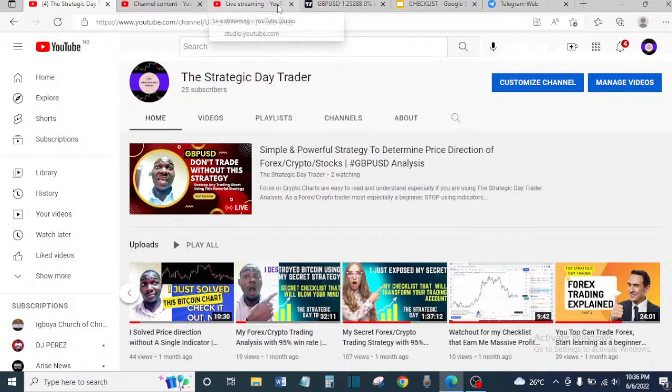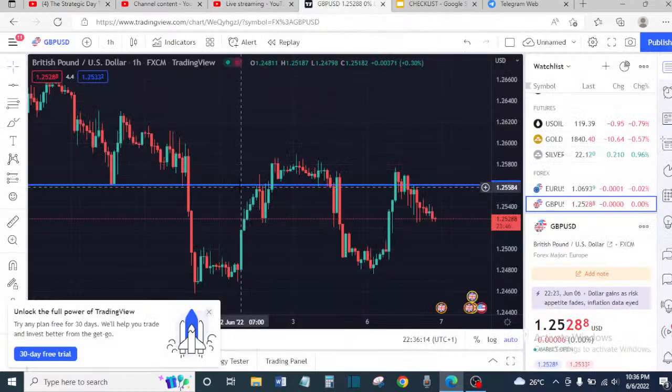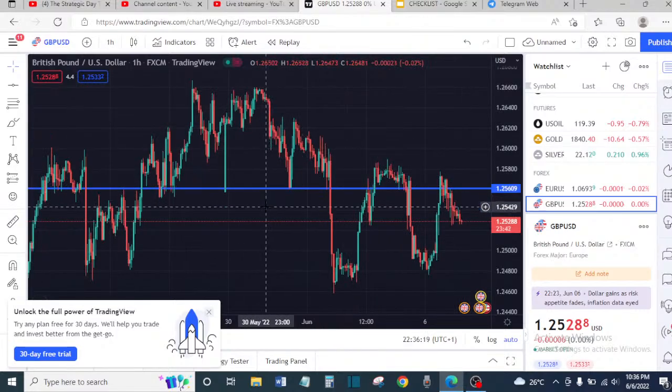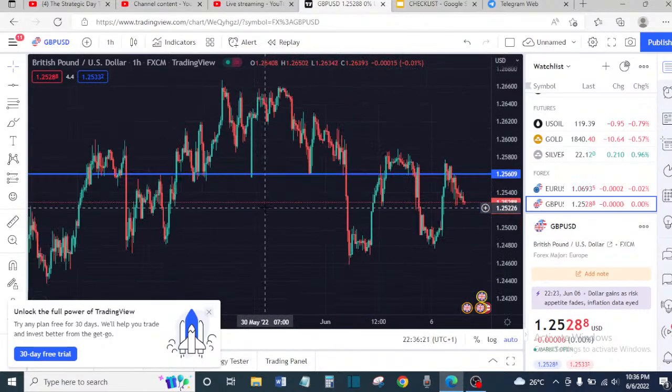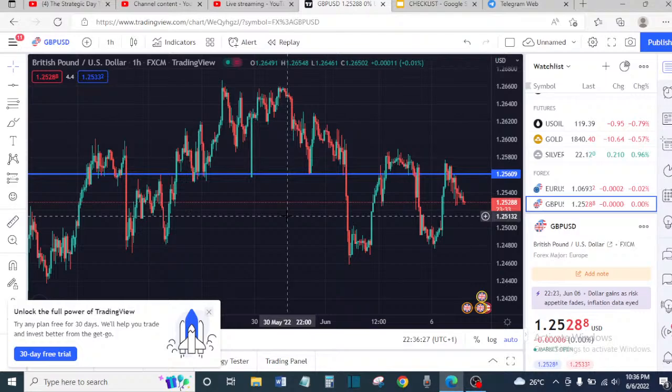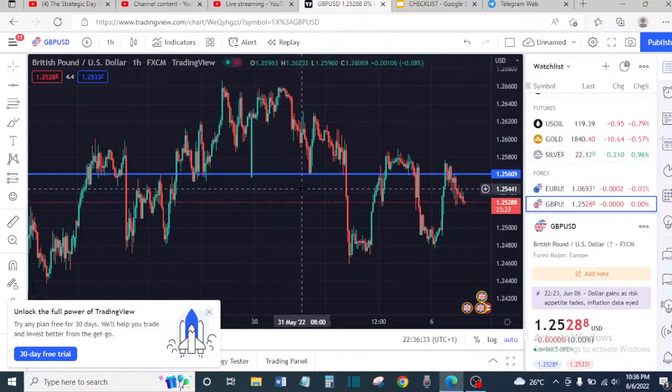All my charts, I'll be solving them without a single indicator, only using the horizontal lines. I do advise that you don't use indicators. Stop using indicators. Indicators are really likely to ruin your account, except you are a professional. Only professionals use those indicators.